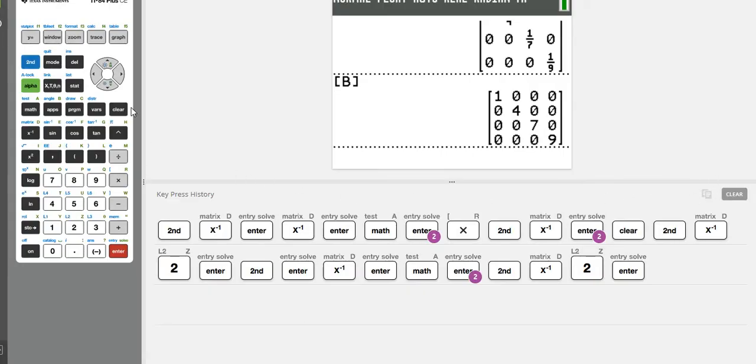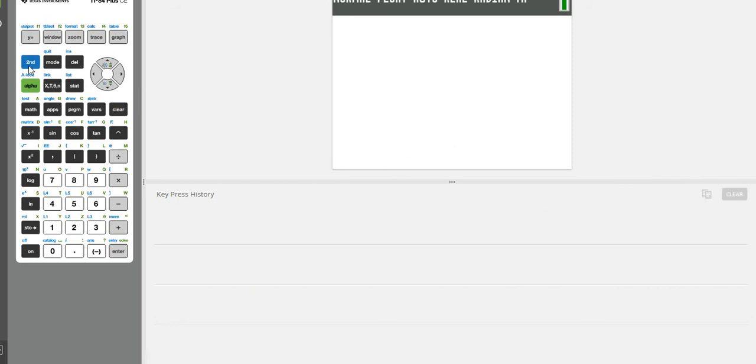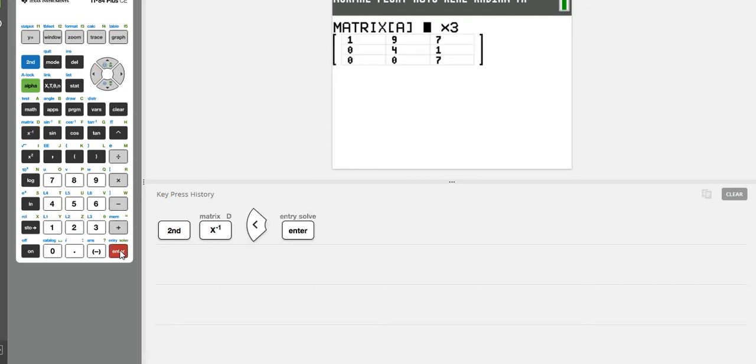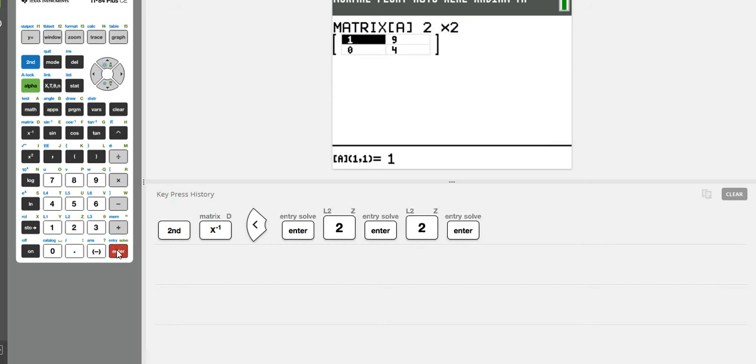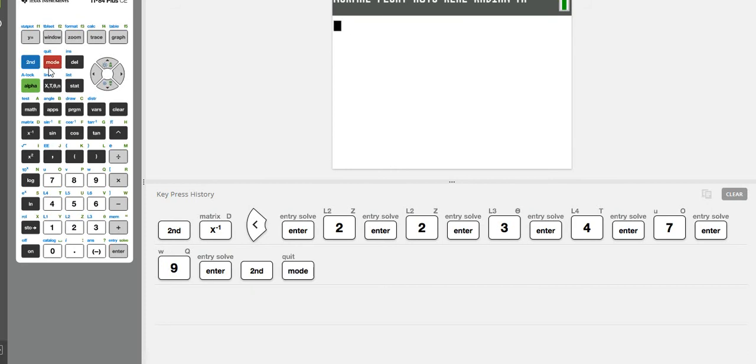Let me clear out a bunch of stuff. So matrix A is going to be a 2 by 2. I have to edit that, so go over to the edit menu first. 2 by 2. And its entries were 3, 4, 7, and 9. Somehow I'm troubled by the use of coefficients.